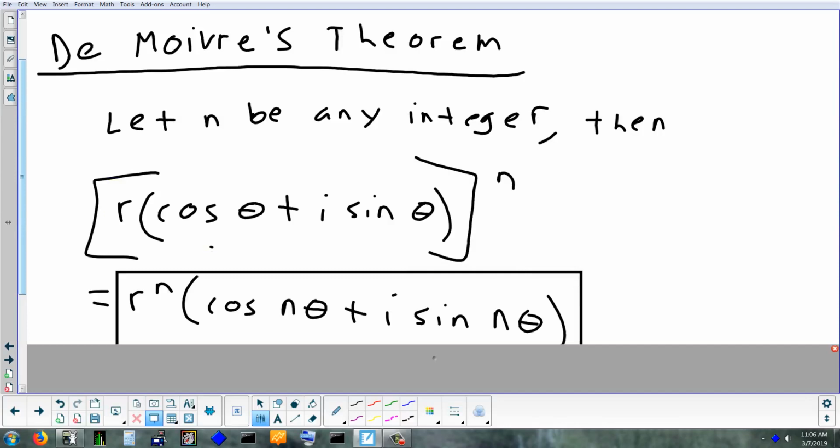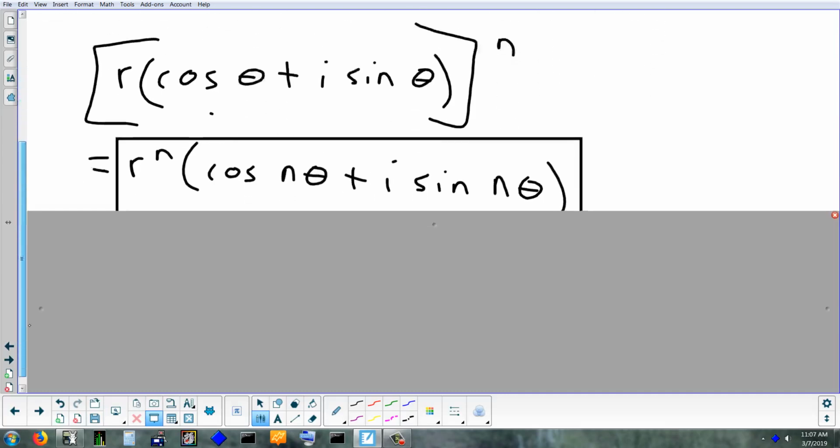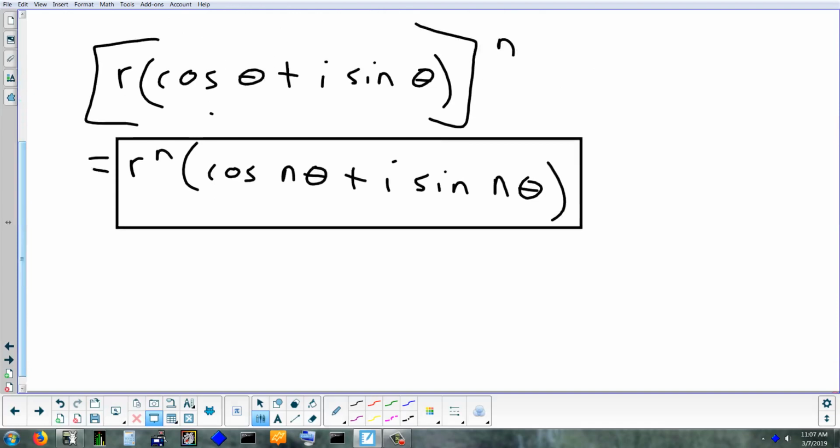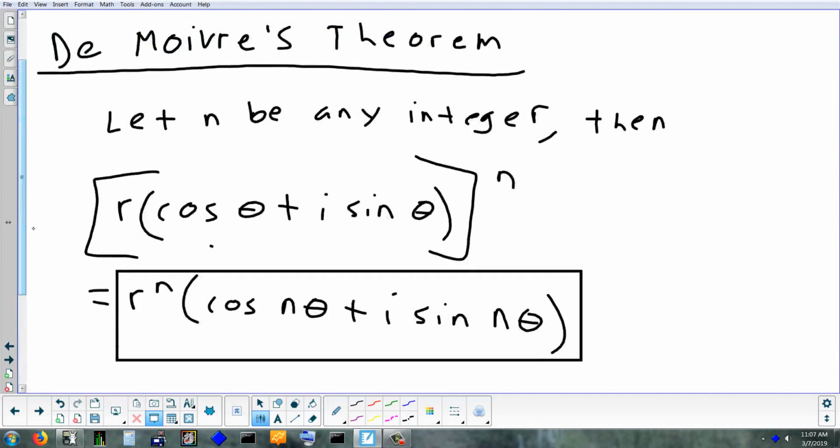So what I might do is give you one like this on the test that would be totally unreasonable to try to do FOILing out the old way. It would just be like hundreds of multiplications. This way, you can do the problem in under 20 seconds, no matter what it is, pretty much. Questions on DeMoivre's theorem?